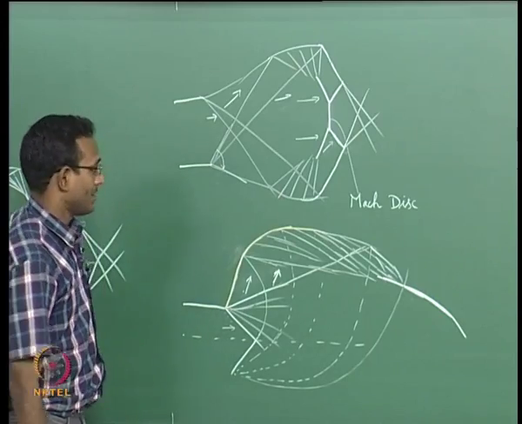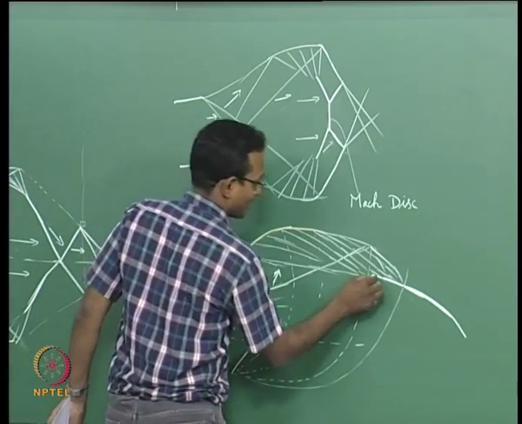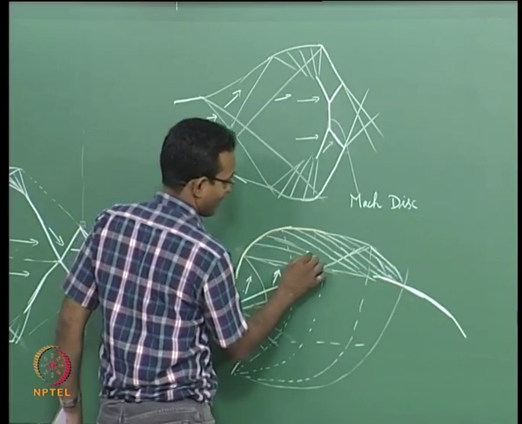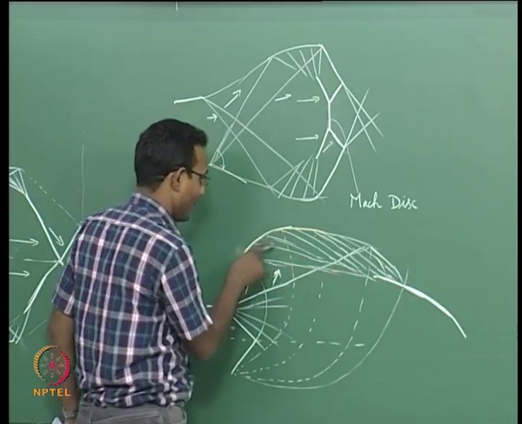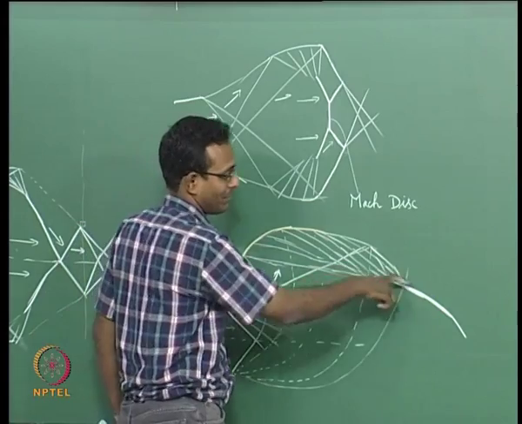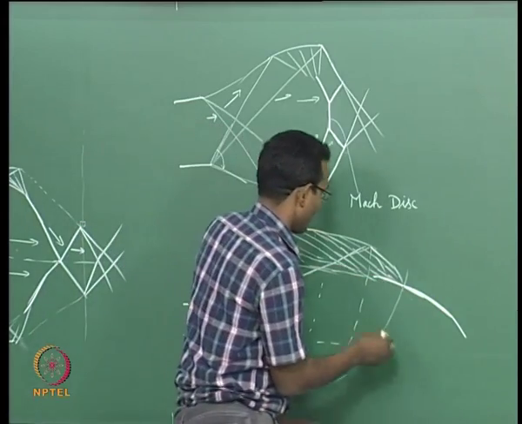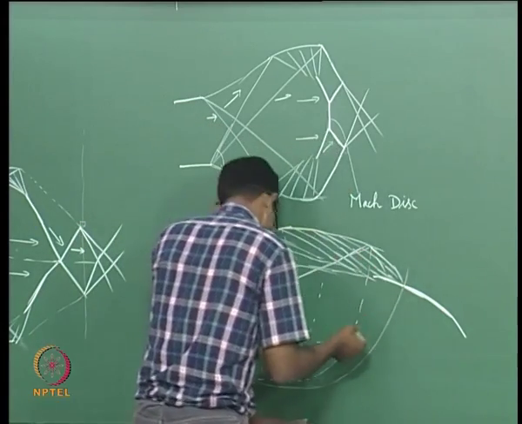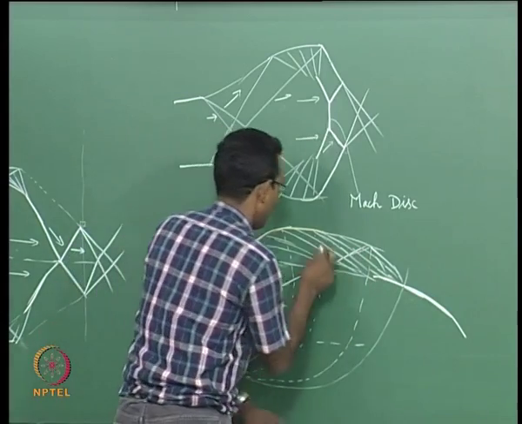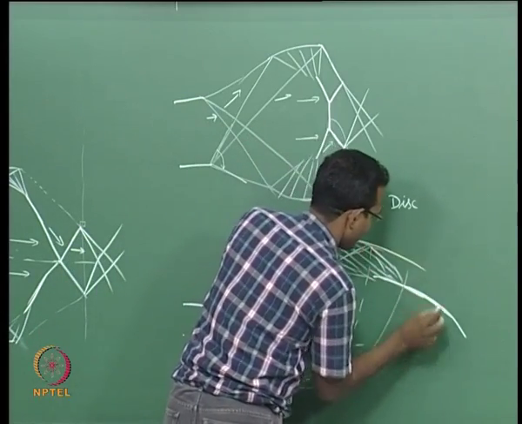And I have drawn it as if the shock starts here, it could even start from somewhere here, anywhere here, depending on how many compression waves come together, that does not matter really. And they are going to have a jet boundary, this is my orange color or whatever color that is, it is going to go like this.